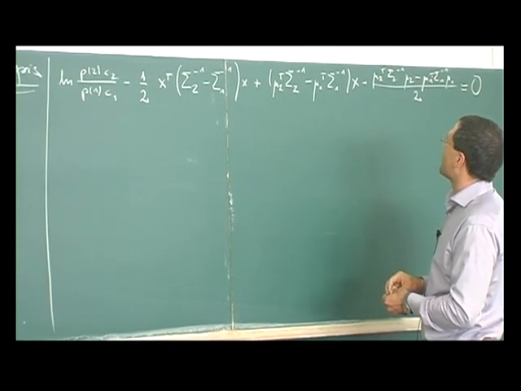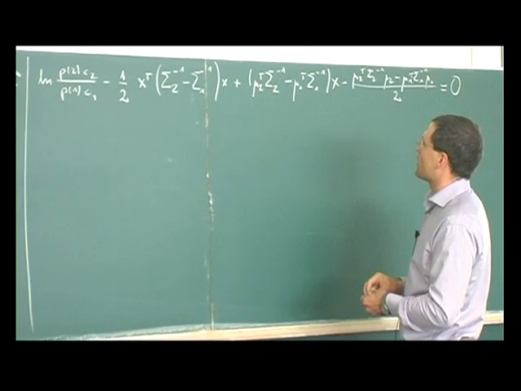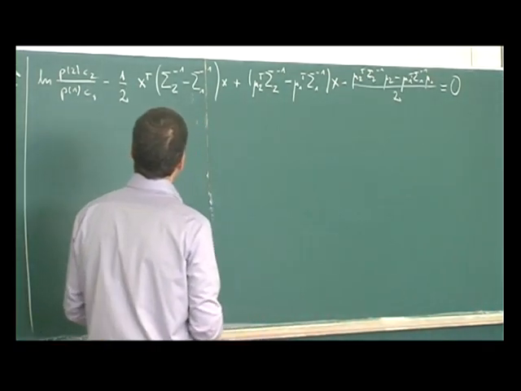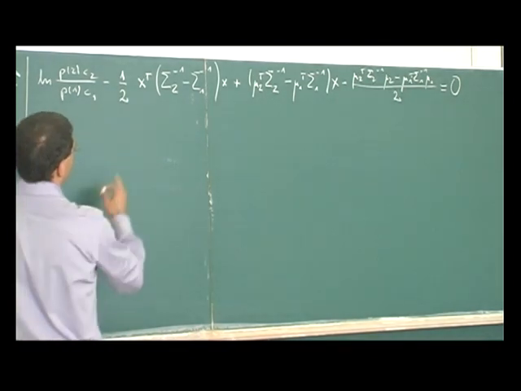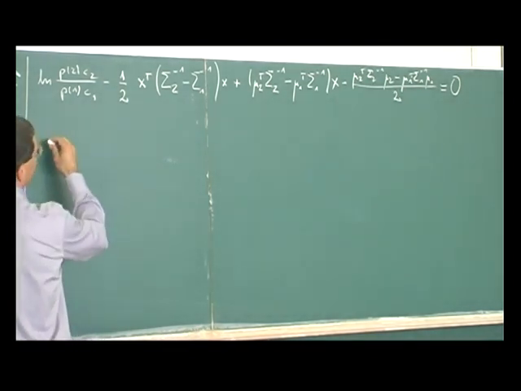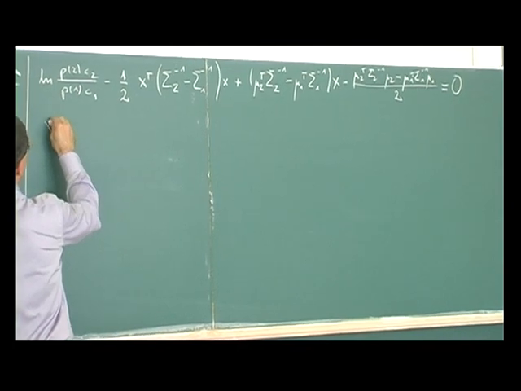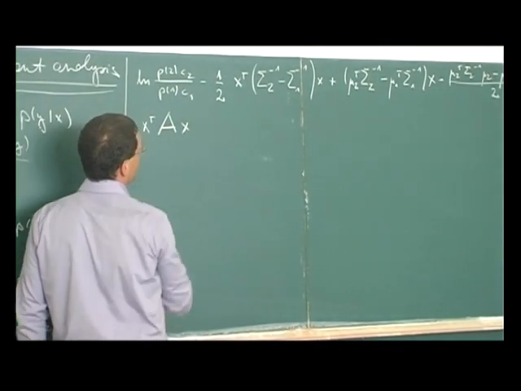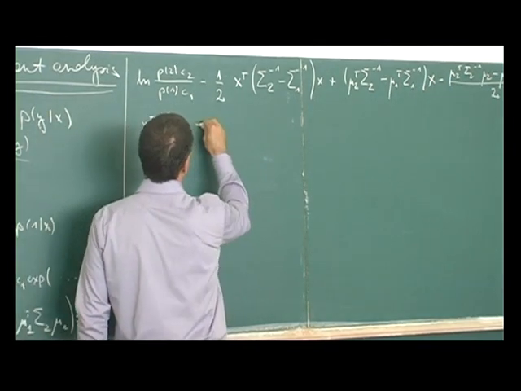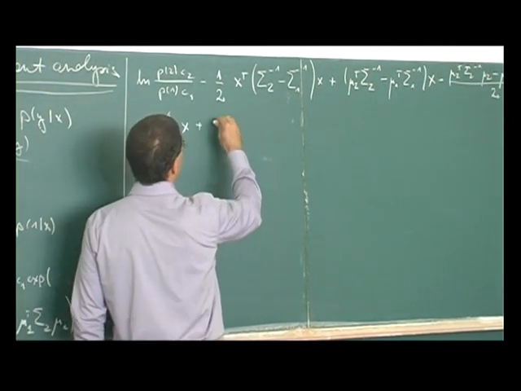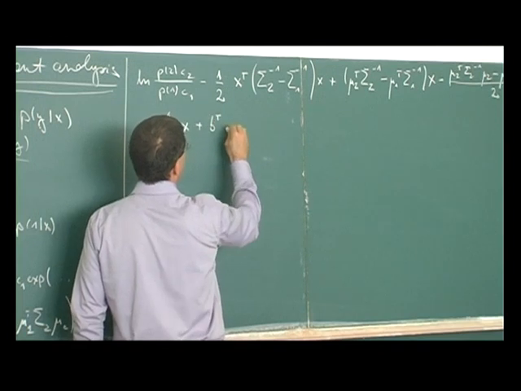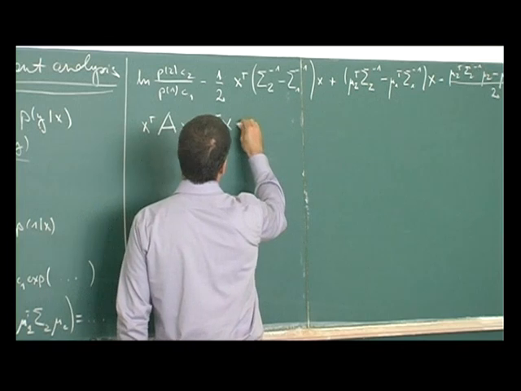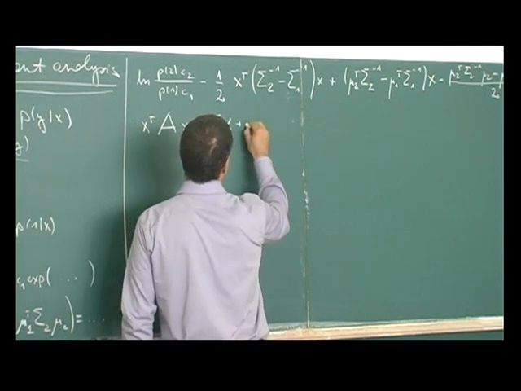Okay, so if we step back a little, what we see is that we have a term that is essentially x transpose and then some matrix A times x plus this is a vector times x plus a scalar number.